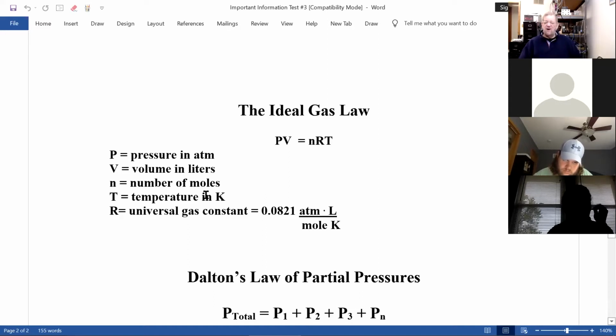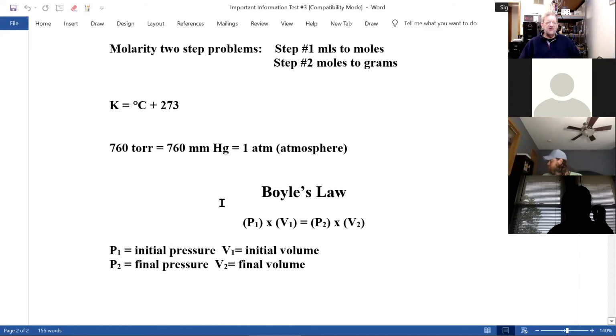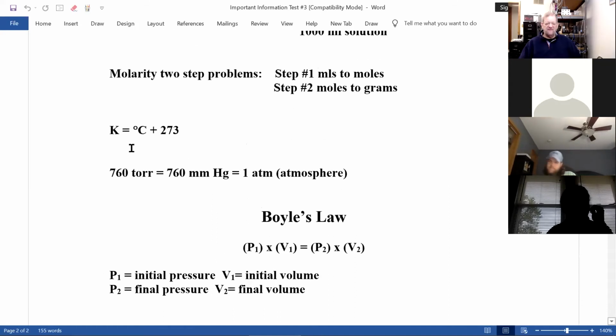You'll never get moles, you'll get grams, and temperature is Celsius, never Kelvin. If you look up here, notice the important information, in case you forgot, Kelvin equals degrees C plus 273. But before we do a problem, let's look at PV equals nRT.